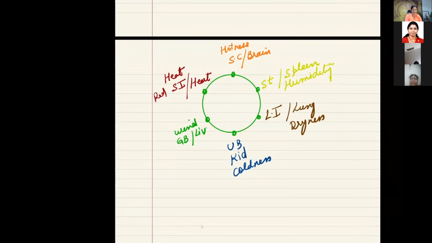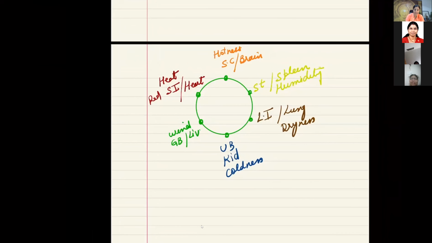So it means that if you want to tonify the liver or gallbladder, you should apply green color on the liver nail. Green color is the tonification color for liver and gallbladder.